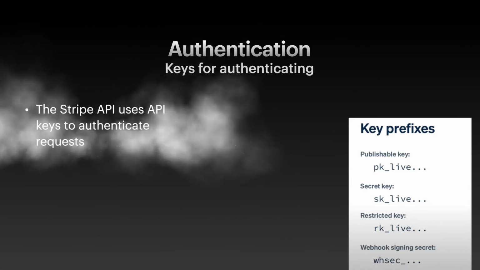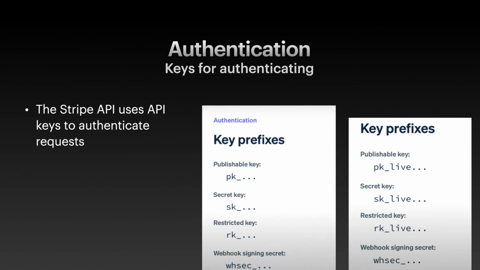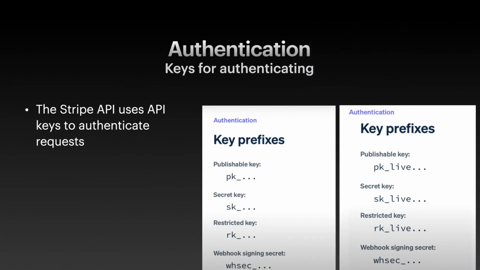You need a publishable key in the case of the front end, and a secret key if it's your backend. For example, here we can see a private key and a publishable key, and when you see the underscore and live, it's a live key.